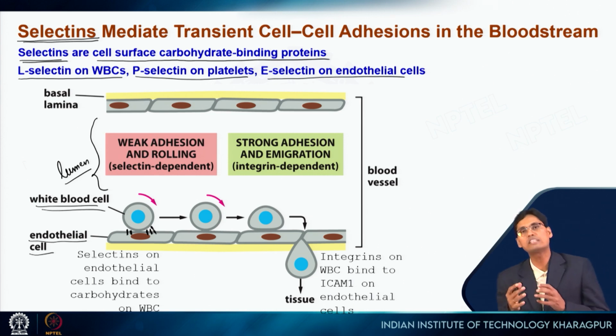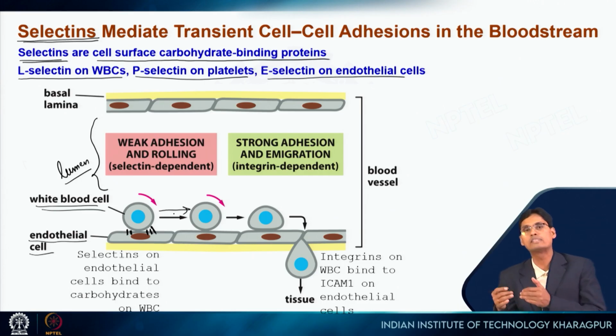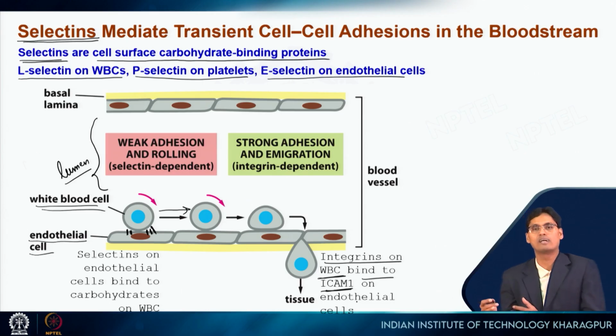But this is not a very tight adhesion. This is a very weak adhesion. Still, those attached white blood cells on the endothelial surface can go in a rolling motion. At some point, the integrins present on white blood cells bind to another group of cell adhesion molecules, a little bit different family.